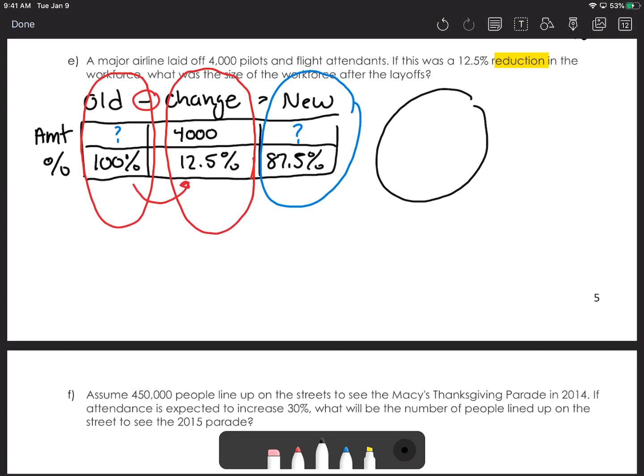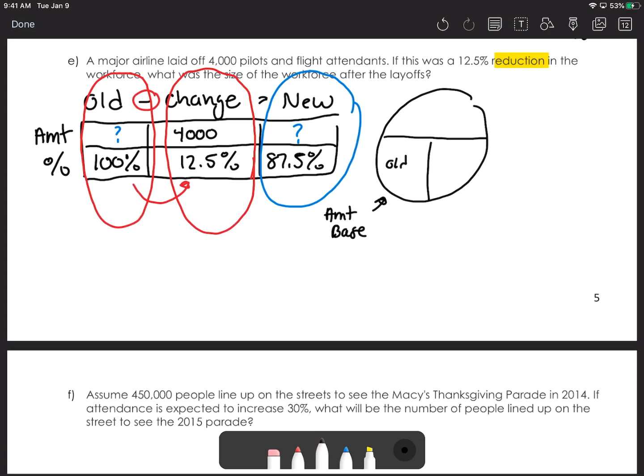So I'm going to use the old column and the change column to solve this, and we're just going to have to do this in two steps. So this right here always represents the amount of the base. And if we use the two columns in red, the old and the change column, the old column is something that we don't know.